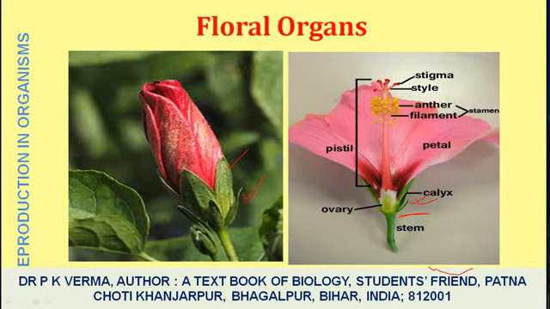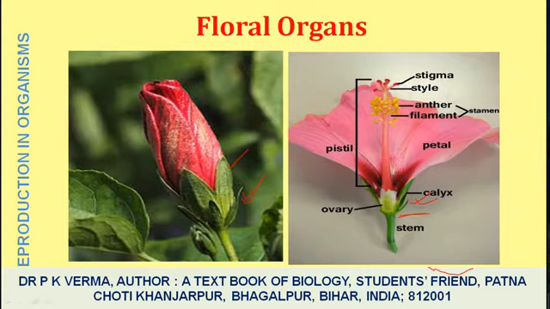Its number may be 7, 8 or 9. Then there is a group of sepals forming the calyx. It has 5 sepals and all sepals are united together to cover and protect the internal organs in the bud condition.